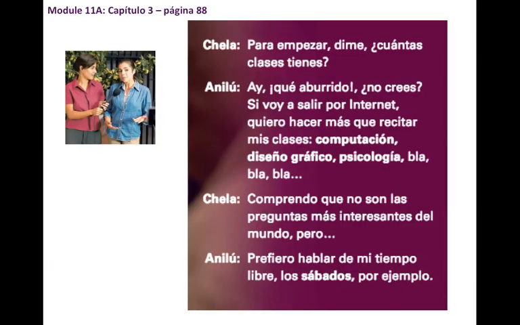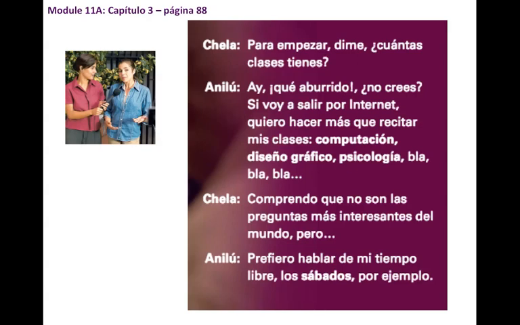Let's see how much we can gather from the script that you can find in the book. So primero, the first scene, Chela: para empezar, dime, ¿cuántas clases tienes? Then Anilu says, ay, qué aburrido, ¿no crees? Si voy a salir por internet, quiero hacer más que recitar mis clases, computación, diseño gráfico, psicología, bla, bla, bla.